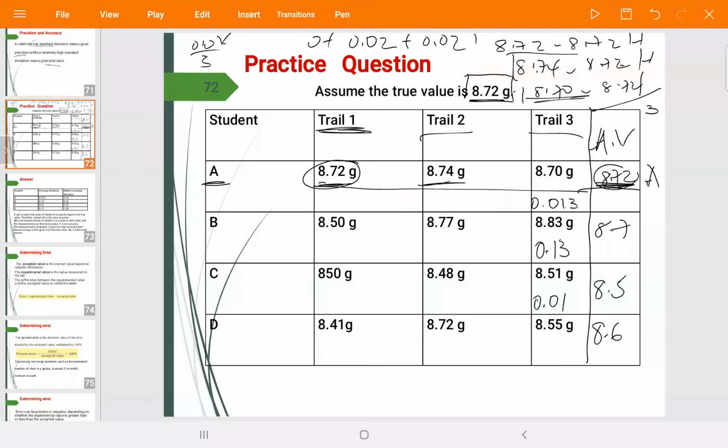And for the other one, 0.05. All right. So the average deviation.